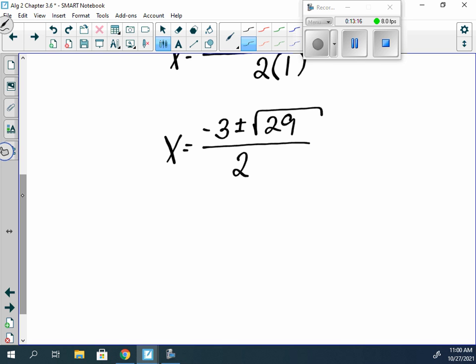So we said the square root of 29 will not simplify any further than that, yes? So can I add negative 3 and square root of 29 or subtract them without turning them into a decimal? Is there a greatest common factor between negative 3, square root of 29, and 2? Well, no. So we ready for the next challenging part?